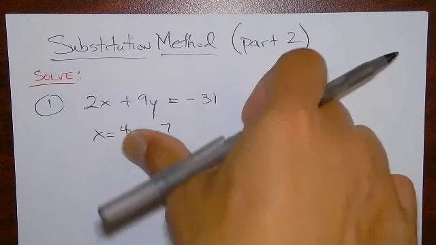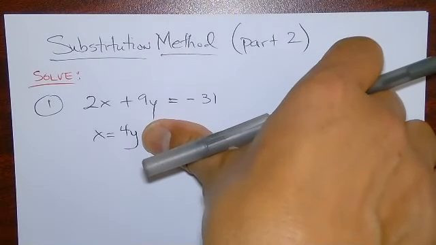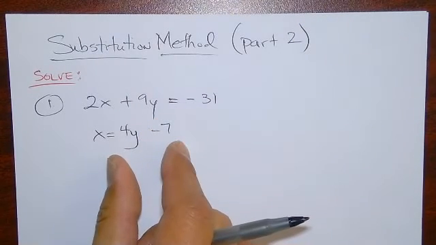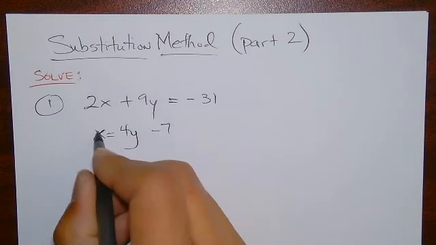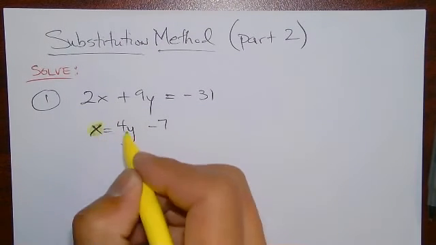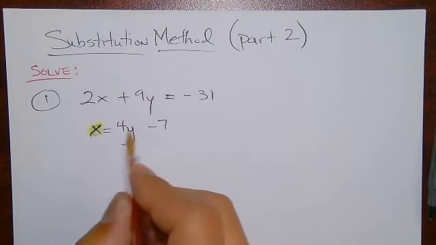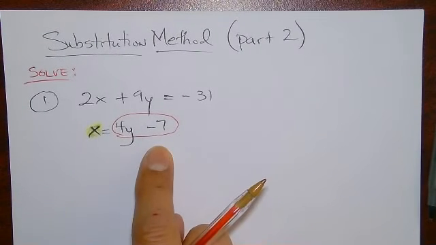Yesterday x was just a number, or maybe a number with a variable next to it. Now you have an expression you're going to substitute. This one is solved for x, isn't it? This one says x is equal to this. So this is the substitution method.